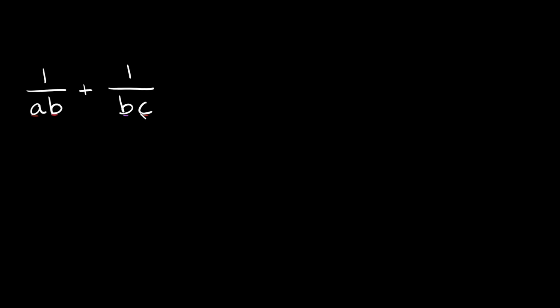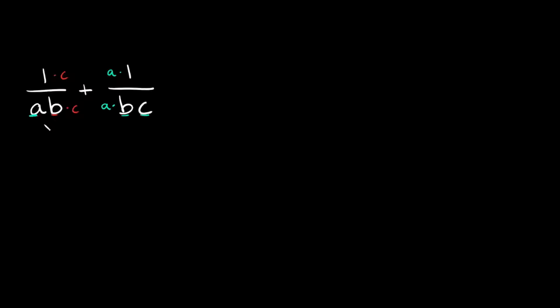Okay, so let's just multiply by this c on the bottom and on the top. Okay, now on this side, I have a b and I have a c, right? So the only thing that's missing on this side, that's on this side, is the a, right? So let's just multiply by an a on the bottom and the top.